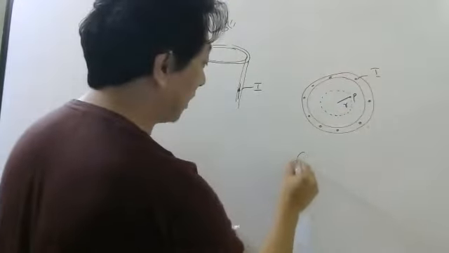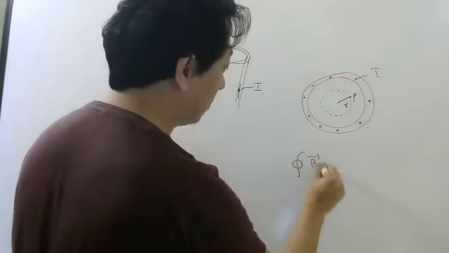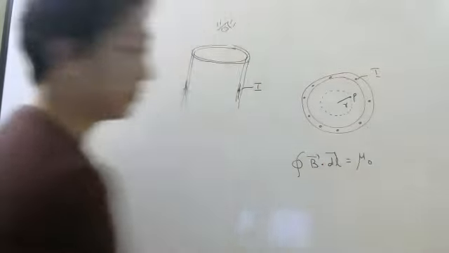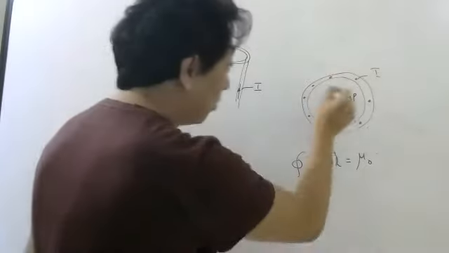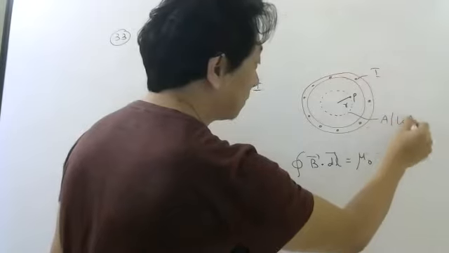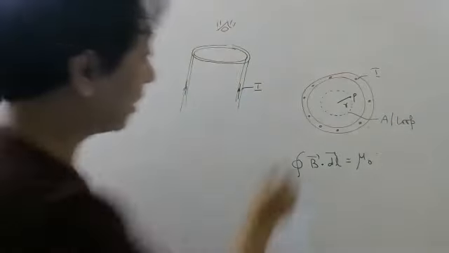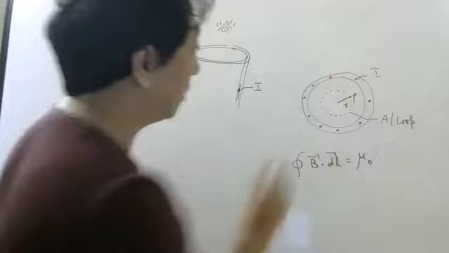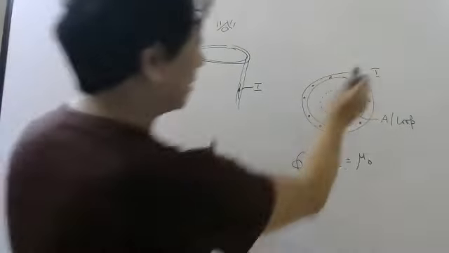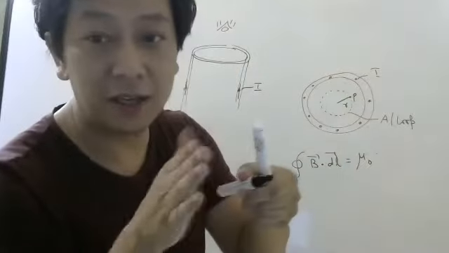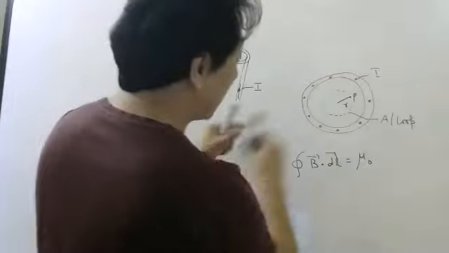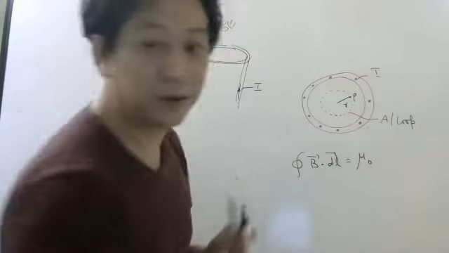Then you calculate the left side. Integral B dot dl equals mu naught times, what should I write? The current enclosed by this loop. This is my Amperian loop. So what is the current inside this loop? These currents are going on the skin of the tube, the thin wall. So is there any current within this loop? Yes or no?